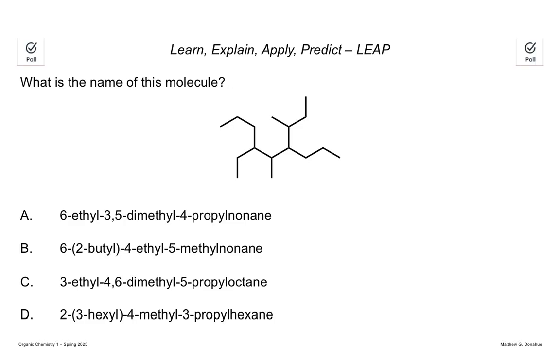So I know it looks like there's a crack in the screen of my iPad, but that's actually an organic molecule. So can you figure out the name of it? Did you say D? I don't think so.